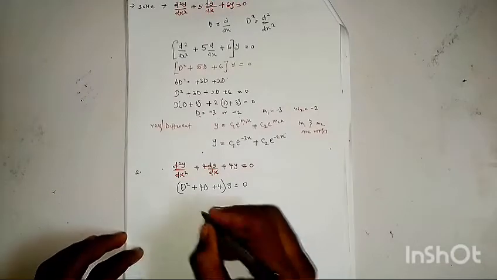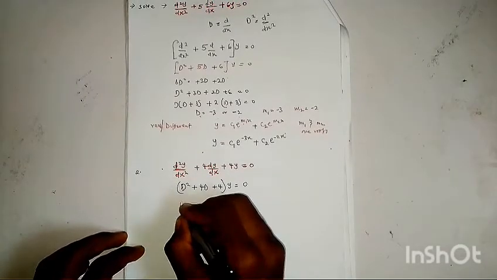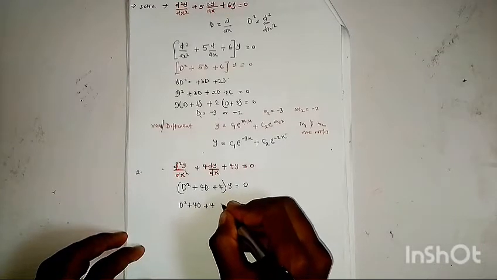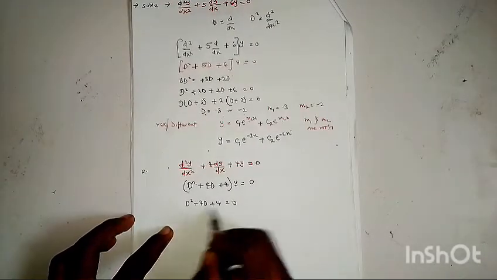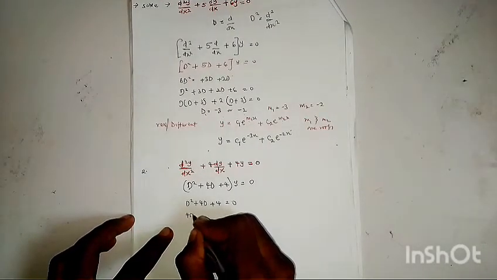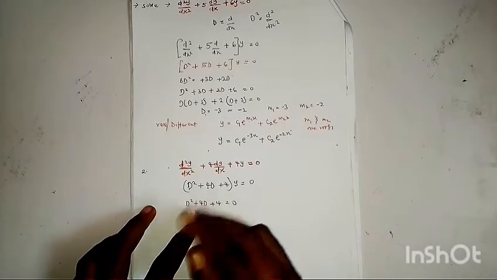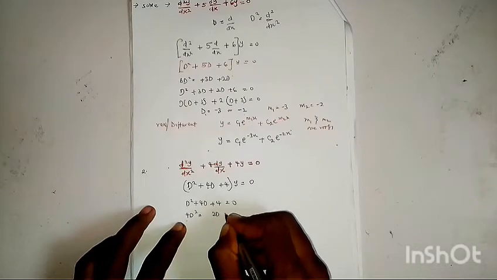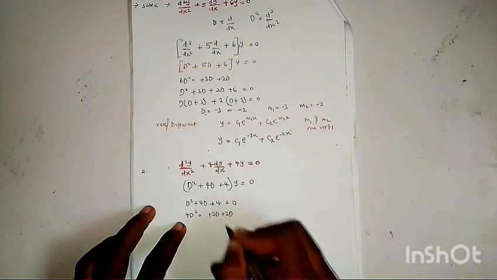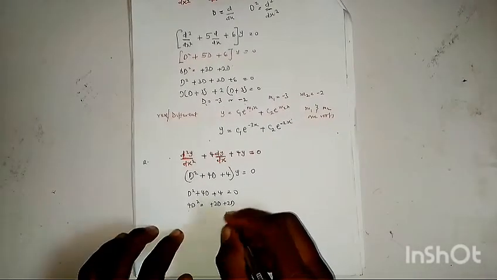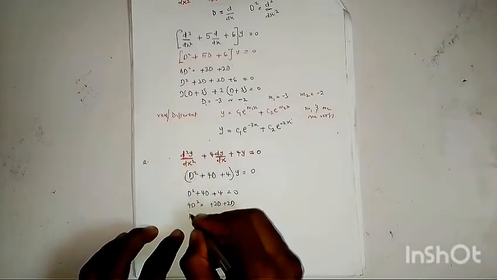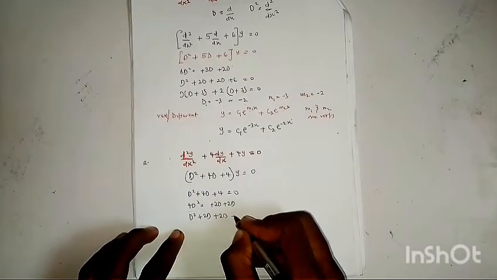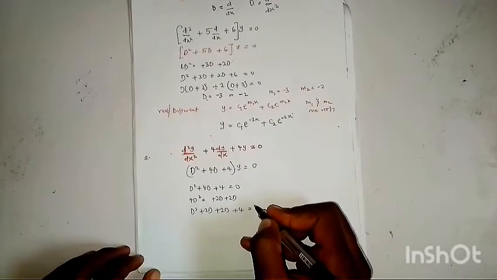So factorizing this particular equation, we have d squared plus 4d plus 4 is equal to 0, right? So factorizing this, what are the two factors I can multiply to give me 4 and add to give me 4d, which are 2d and 2d, right? So solving this, we have d squared plus 2d plus 2d plus 4 equals 0.